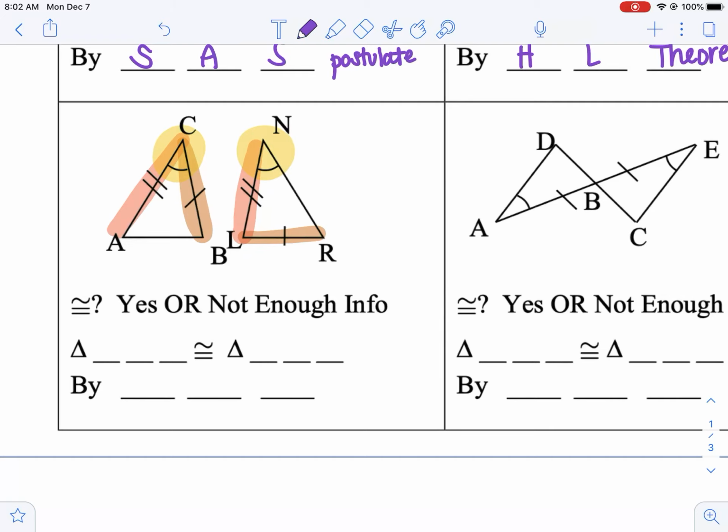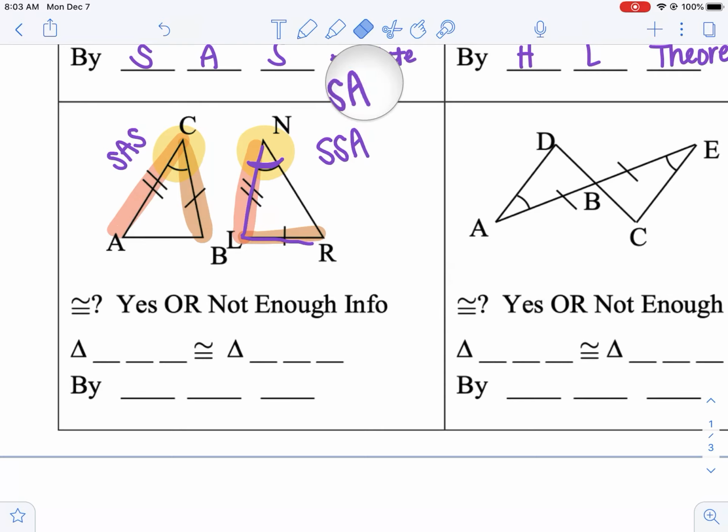Well now we're in kind of a pickle, because this ABC triangle is using a side angle side method to prove congruency, because that angle was formed by these two sides. But triangle LNR has two sides that are not including an angle, so side side angle.